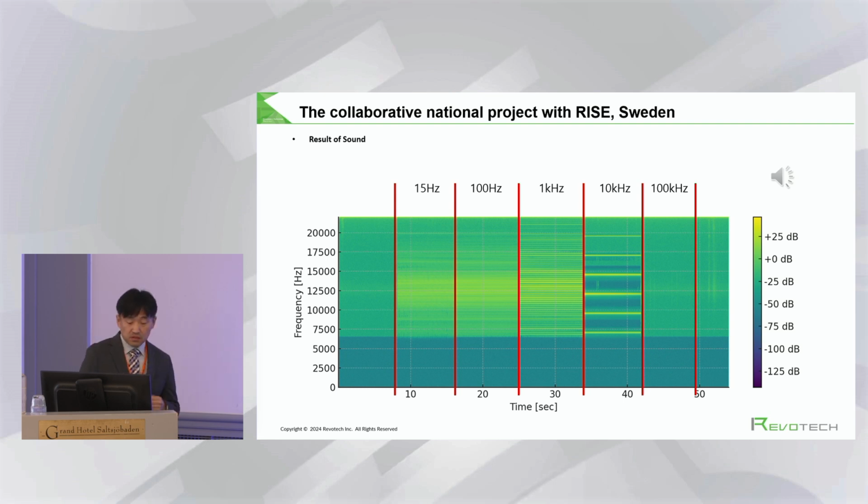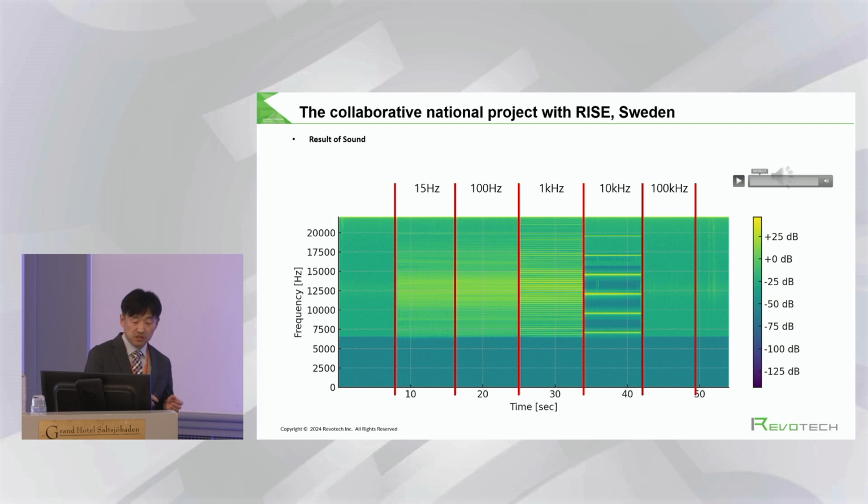When the PTC heater is in operation, sound is detected across all frequencies. However, at 100 kHz, the noise level surpasses the audible frequency range, making it inaudible to human ears.